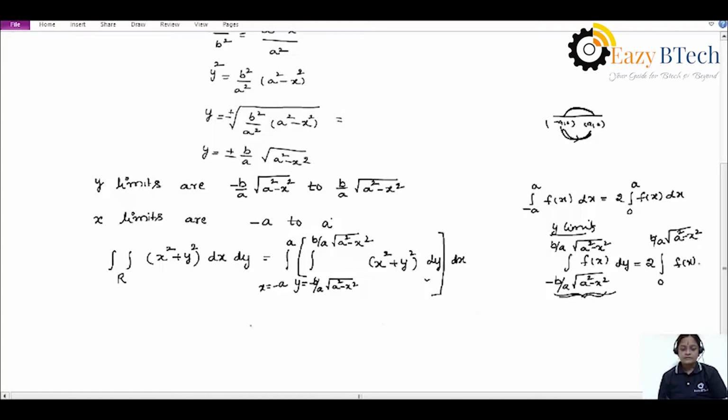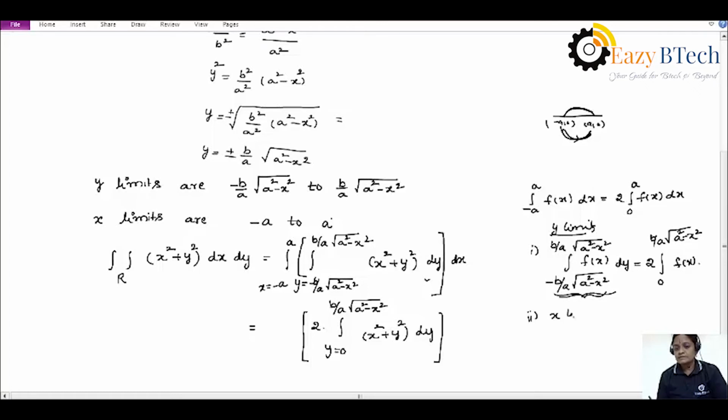Following that way, 2 into y is equal to 0 to b by a root of a square minus x square, and x square plus y square dy. Okay, and for x limits also we apply the same procedure.